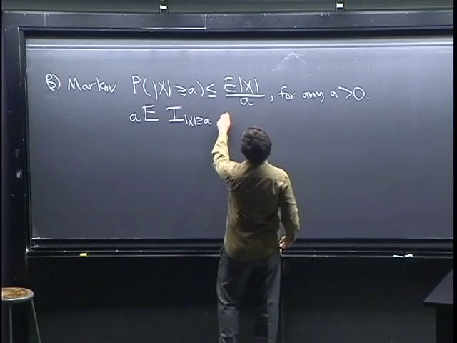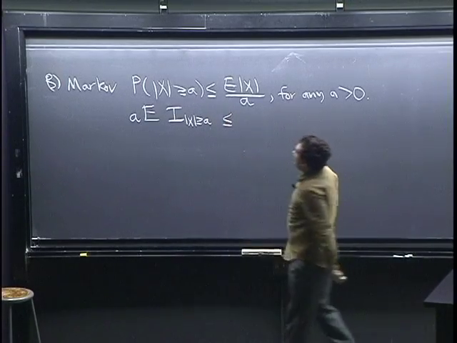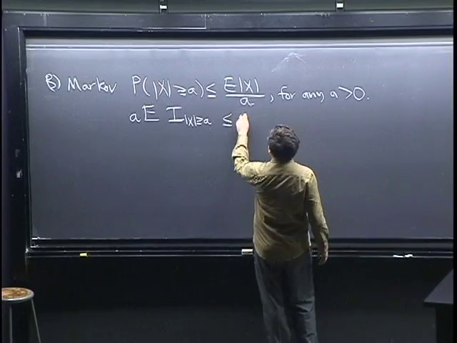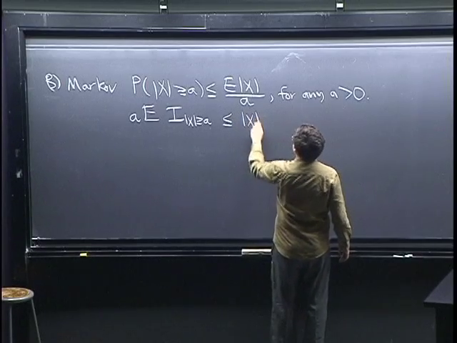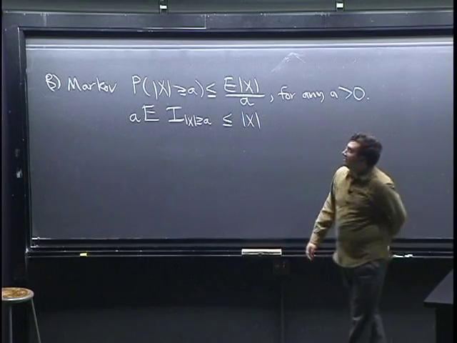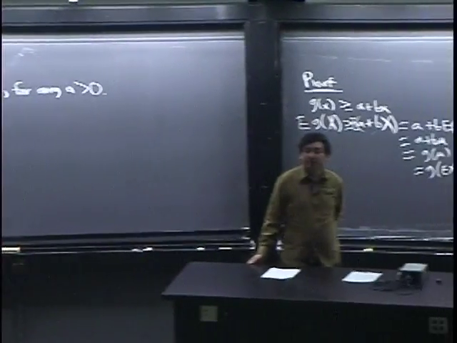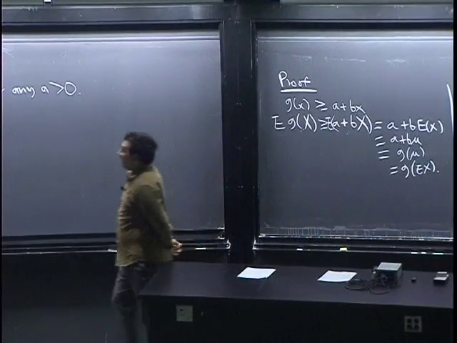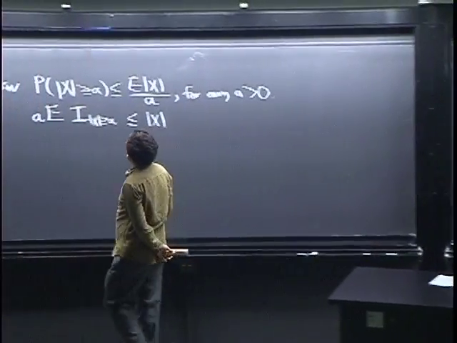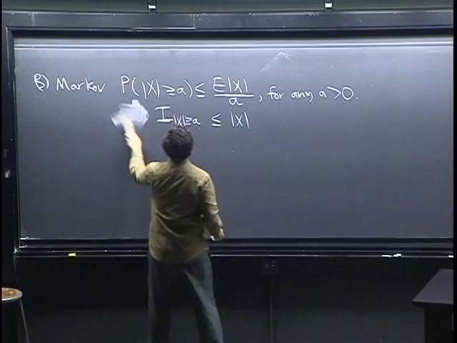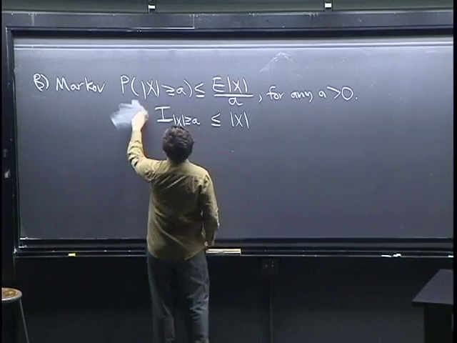And then let's see how this thing compares with the absolute value of X. This inequality is always true. Let's think why. I shouldn't do this without expectation first, then we'll bring in the expectation.